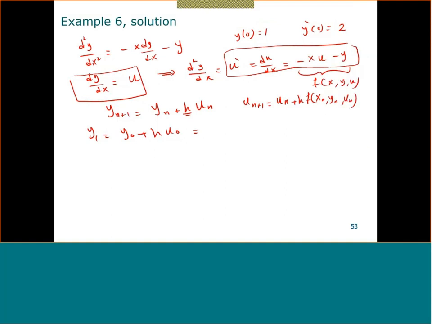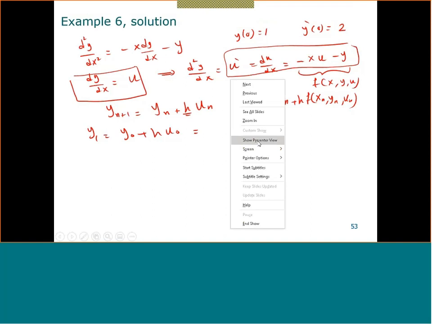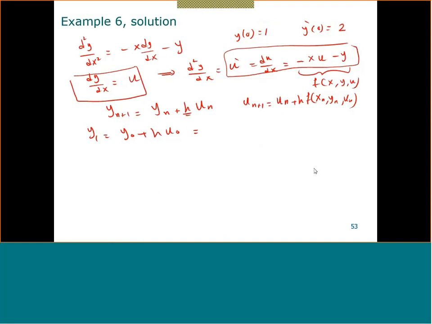Okay, so y1 is equal to y0 plus h u(0). Okay, excellent. So let's now substitute. Now y1 is y at point 1. Because we have y defined at 0, I want to have y at point 2, with h equal to 0.1. So we start with h 0.1. This is equal to y at 0 plus h u at 0.